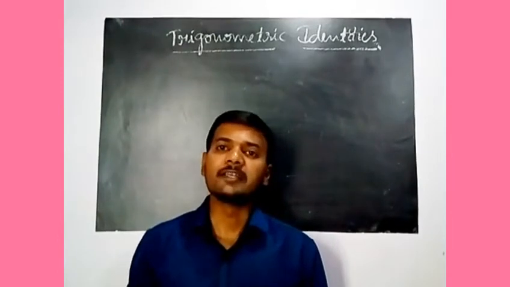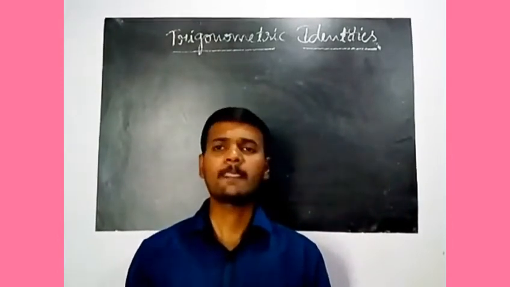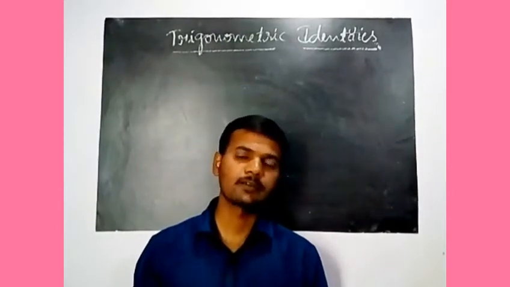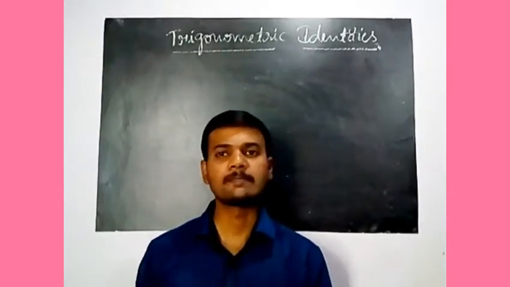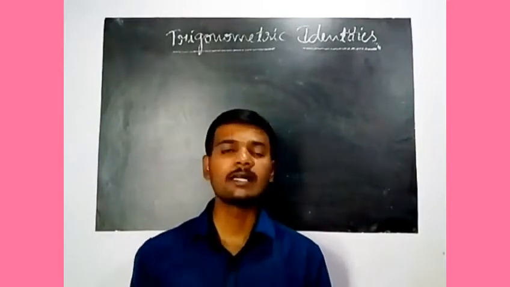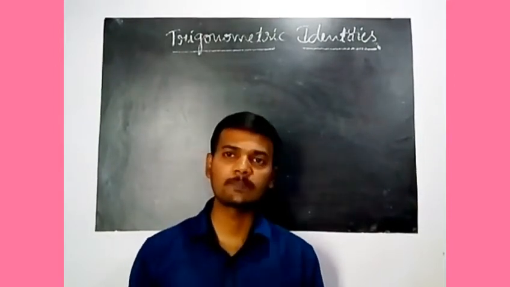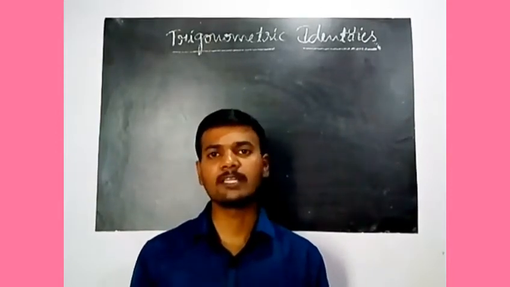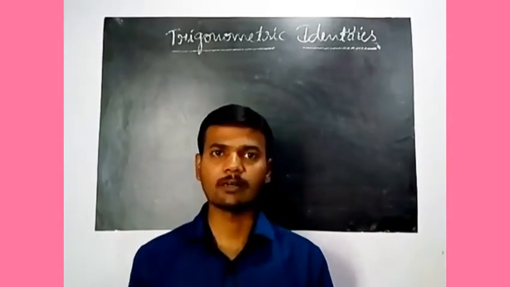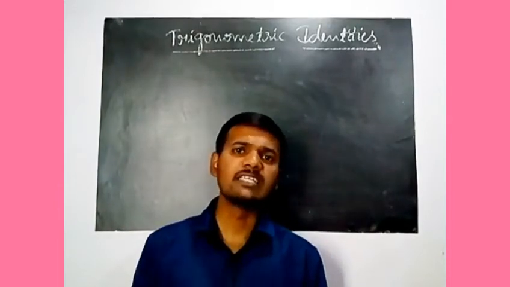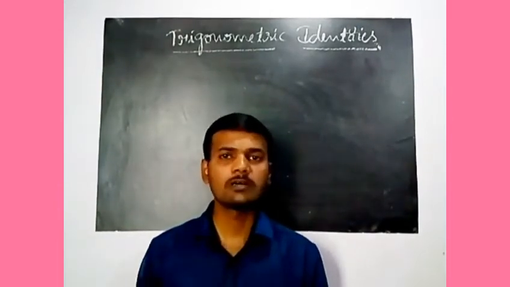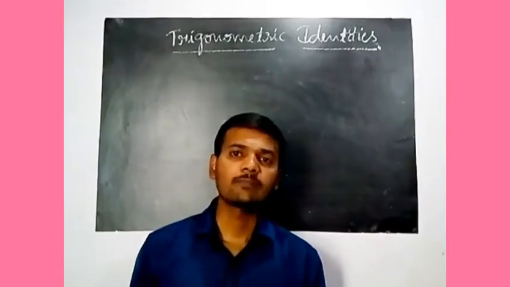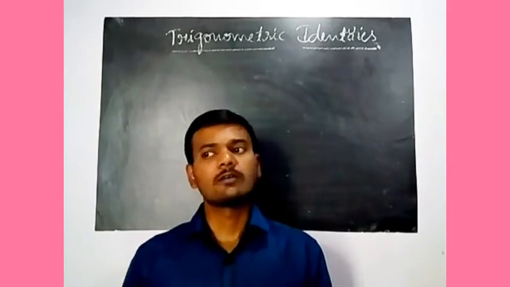You have already learned about algebraic identities, like a plus b whole square, a minus b whole square. a plus b whole square is equal to a square plus b square plus 2ab. Like that, we define a minus b whole square and some other algebraic identities. These identities are true for all the values of a and b.